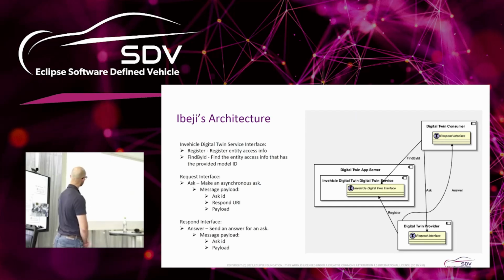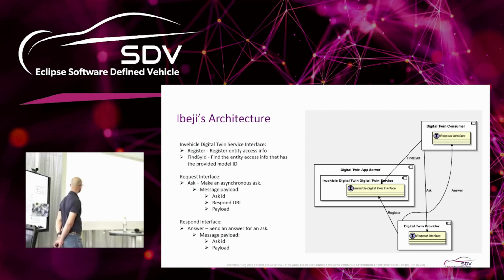Okay, so we've talked about some of the technologies that it uses. Let's talk about Ibeji's architecture now. So the core of the Ibeji architecture is this digital twin app server. And the digital twin app server can host multiple digital twin services, all right? In the initial architecture, there's just one digital twin service, the in-vehicle digital twin service. Sorry, there's a bit of a typo in the name here.